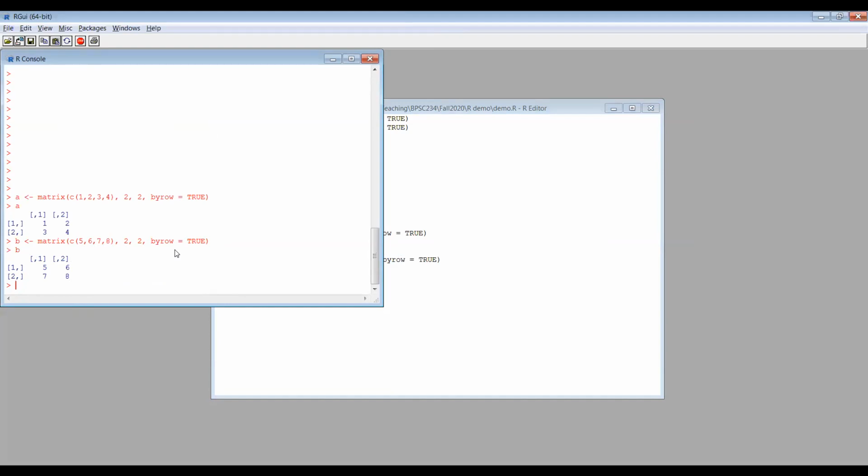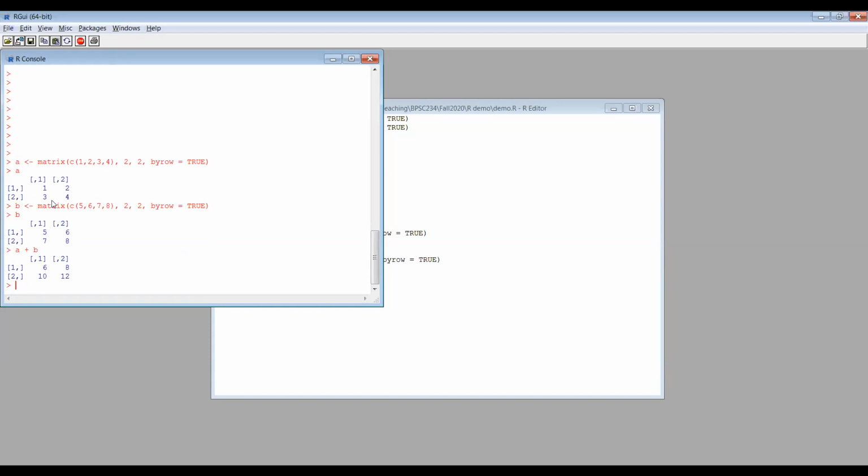When we do plus and minus, it's the same as the calculation using numbers. You just put A plus B here, and it gives you the answer, because these are 2 by 2, right?